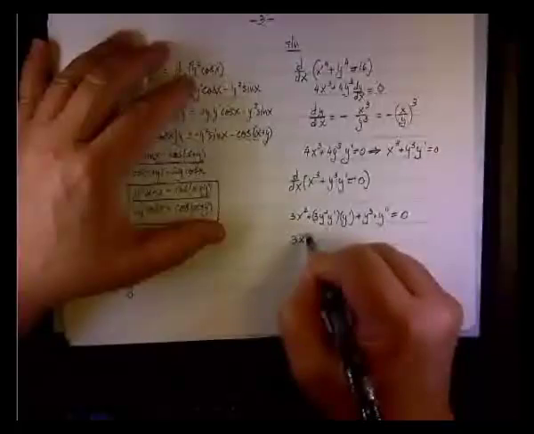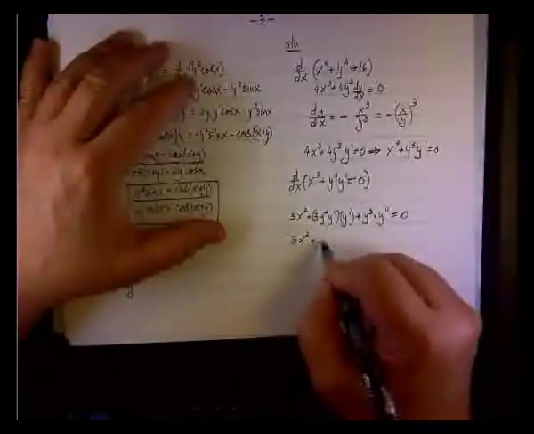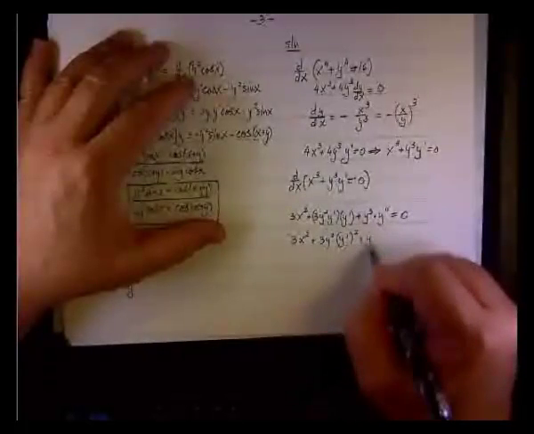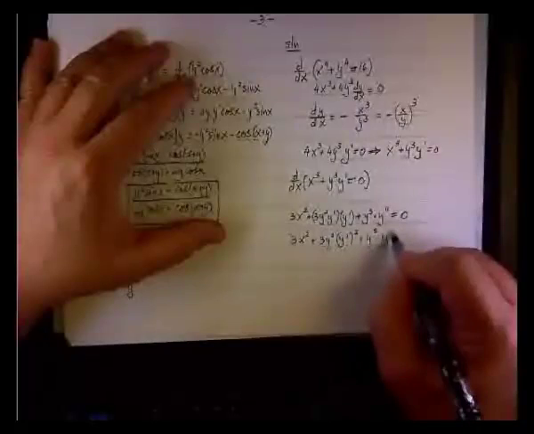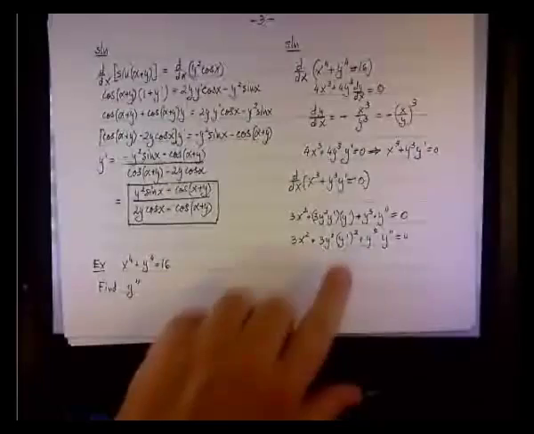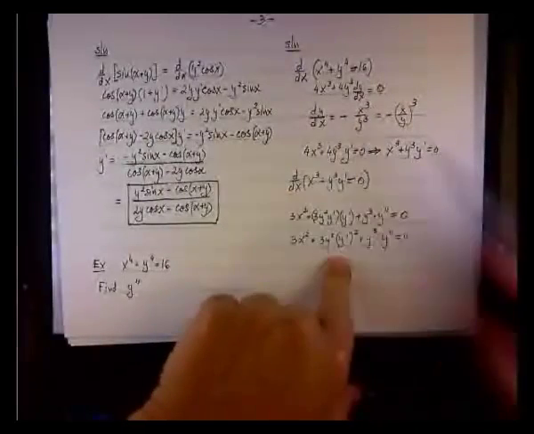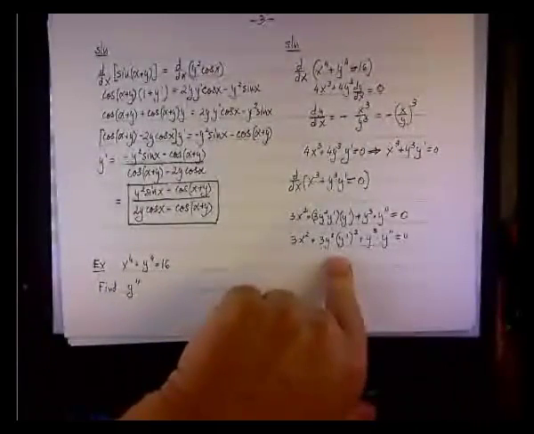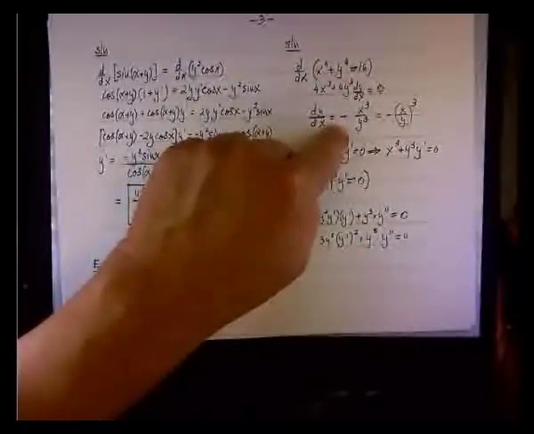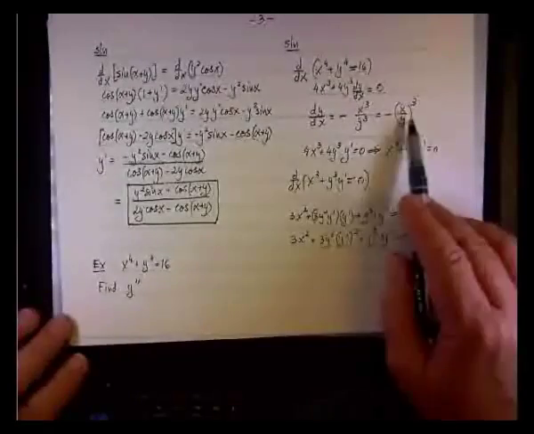So we have 3x squared plus 3y squared y prime squared plus y cubed times y double prime equals 0. Y prime is negative x cubed over y cubed. You see that from here, or from here.